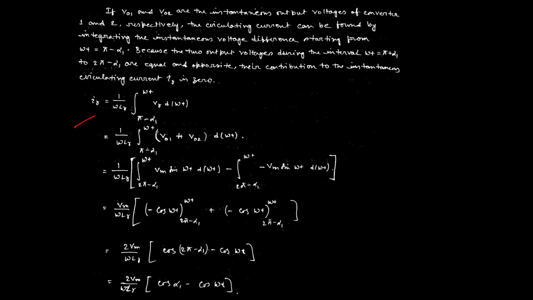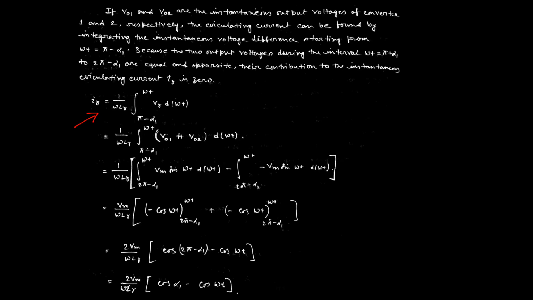See, iR is the instantaneous current, that is the circulating current which flows through the inductor. That is why it is defined by iR, which is due to the difference between the two instantaneous voltages.